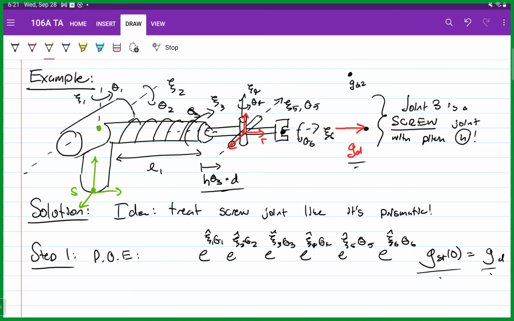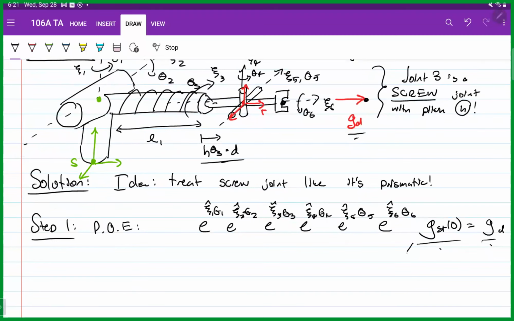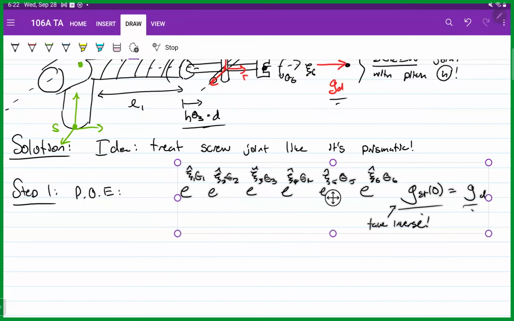We know the rotation between these just by inspection in the reference configuration. We know the translation also by inspection in the reference configuration. Since this is a totally known matrix, we know how to take the inverse. So we're going to multiply both sides of this by the inverse of this matrix. I'm just going to copy and paste this down so we save the line.